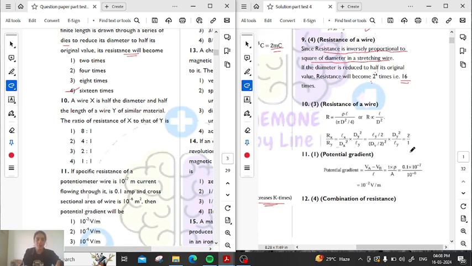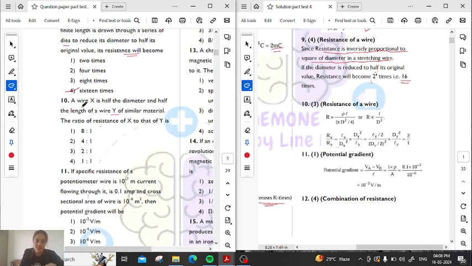Next question. So let's move to the 10th question, which is: a wire X is half the diameter and half the length of the wire Y, of similar material. The ratio of resistance of X to that of Y is what? So what does the question state? Basically this question is from the resistance of the wire, the current electricity chapter.